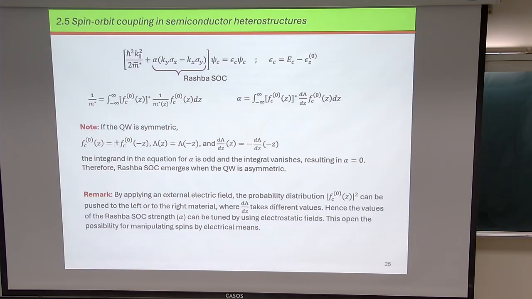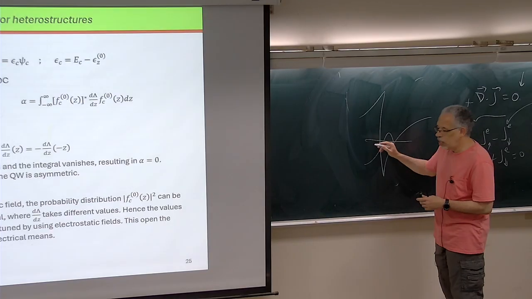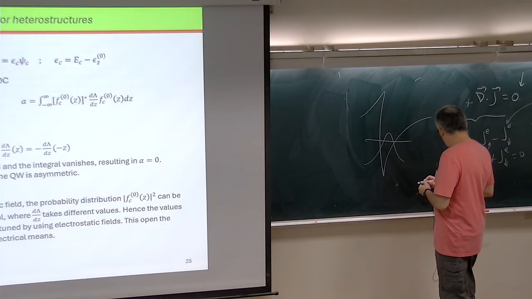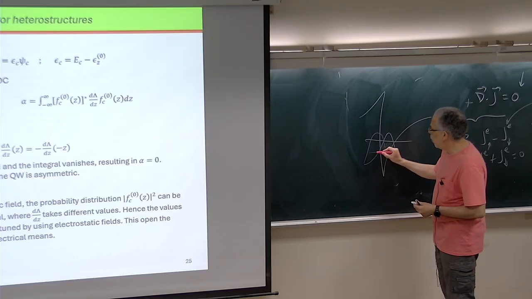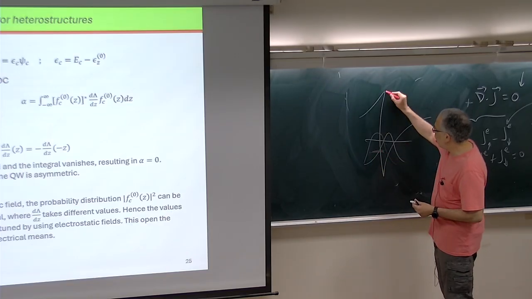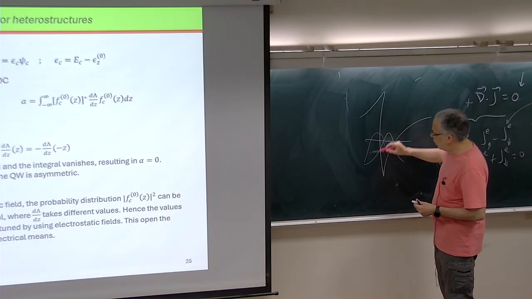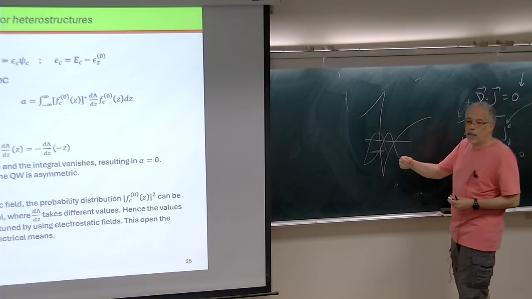Okay, so let's say this is my quantum well here, and the wave function is somewhere here. I can apply an electric field that pushes the electron a little bit to the other side, so let's say here. And then they will pick up more of this high electric field here, okay? So the alpha will be stronger.